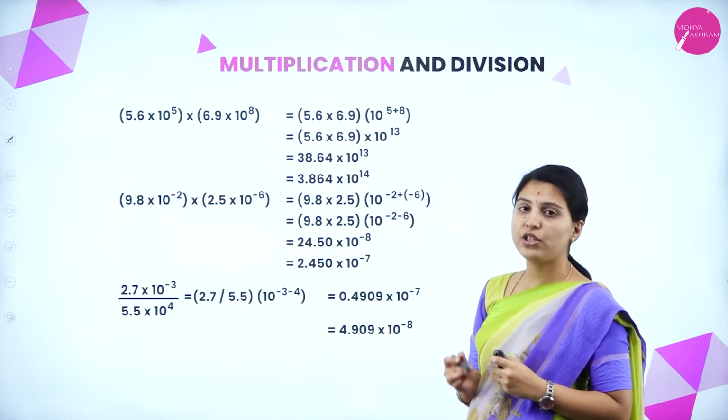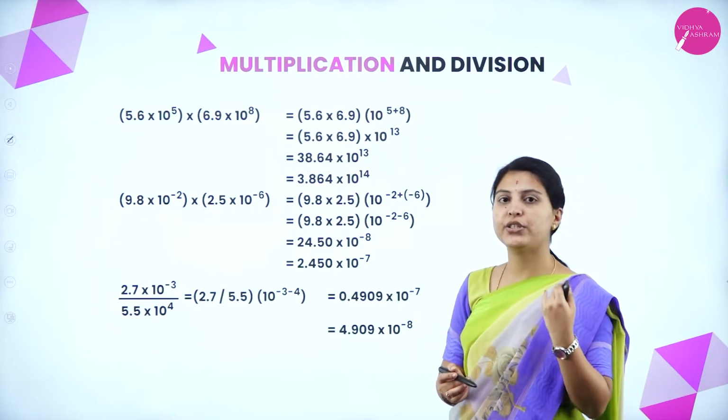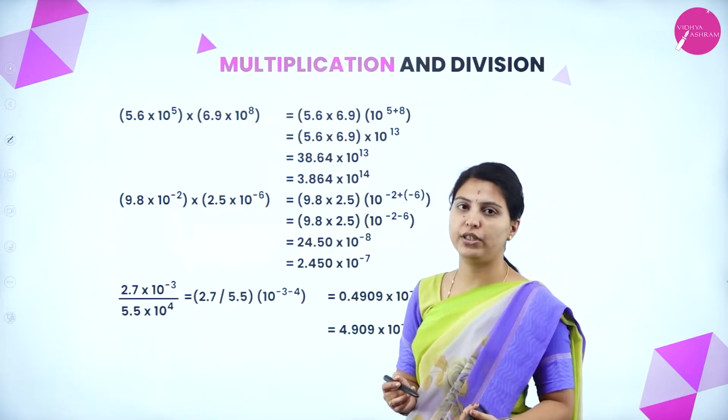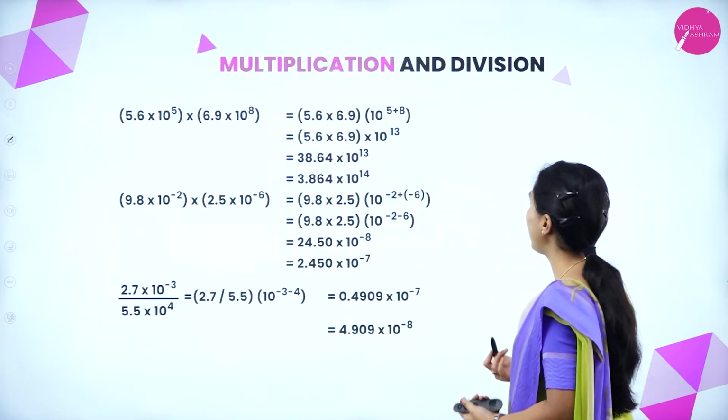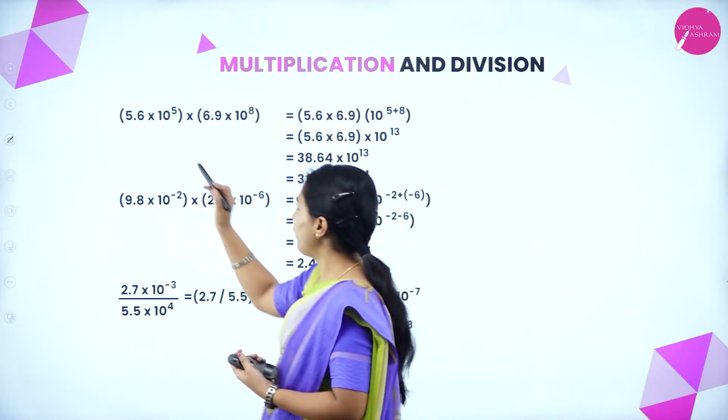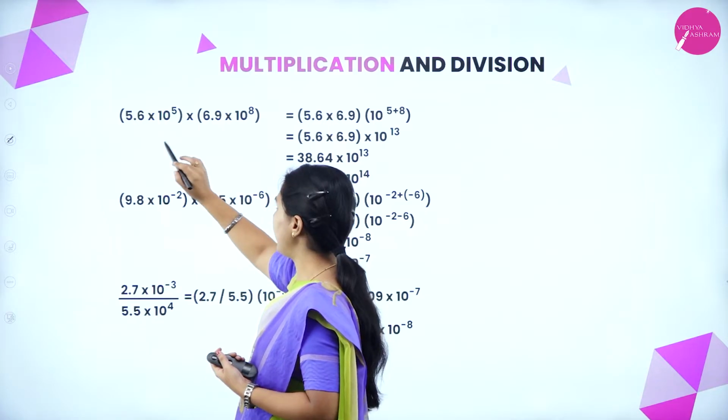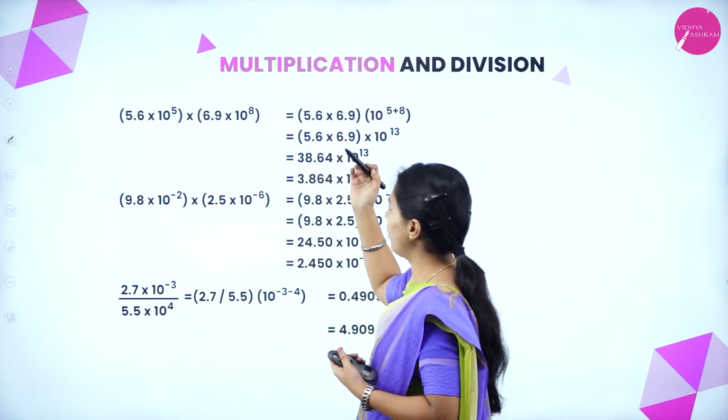And the calculation of scientific notation, you have multiplication, subtraction, division and addition. First we will see multiplication and division. See here, 5.6 into 10 to the power of 5 into 6.9 into 10 to the power of 8.